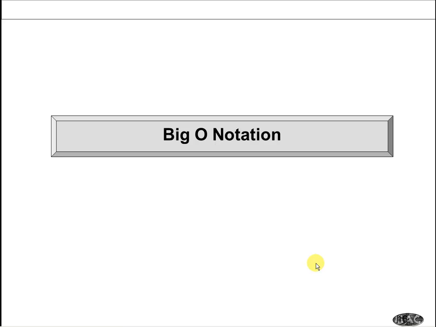So if you use a clock or watch to find out whether the program was slow or fast, or whether it is an efficient program or not, it is not a good idea.